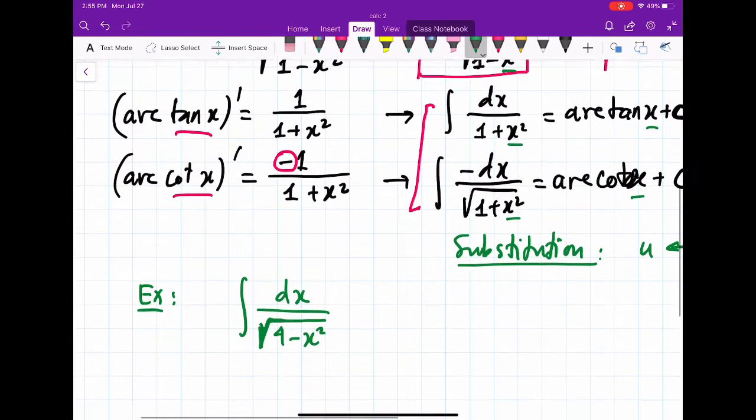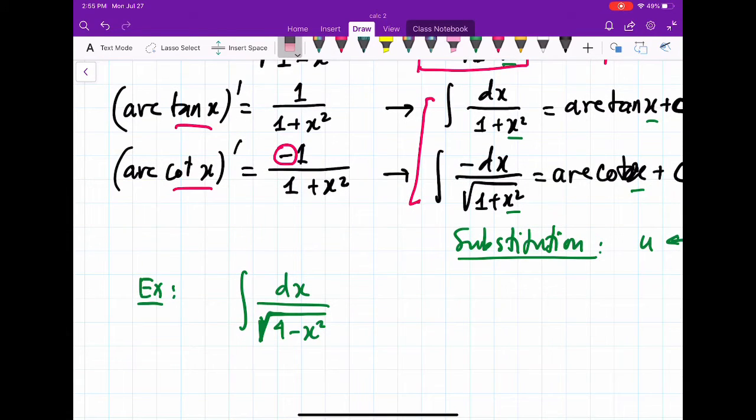Because if you have square root of 4 minus x squared, you might think about the formula 1 over square root of a squared minus u squared, where a is a constant and u is a function.